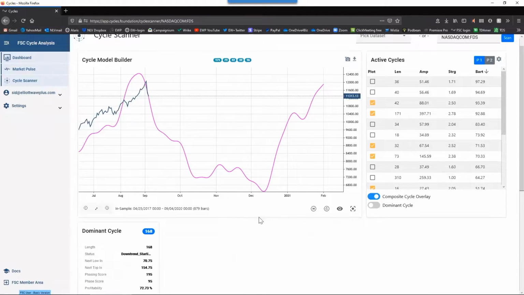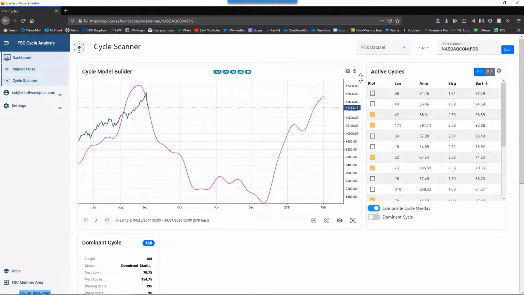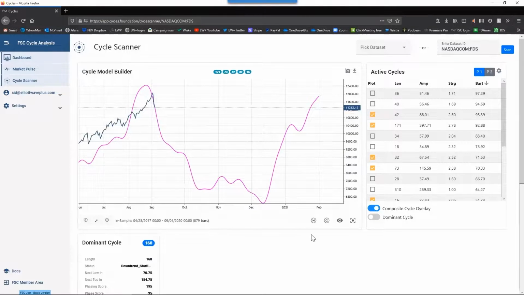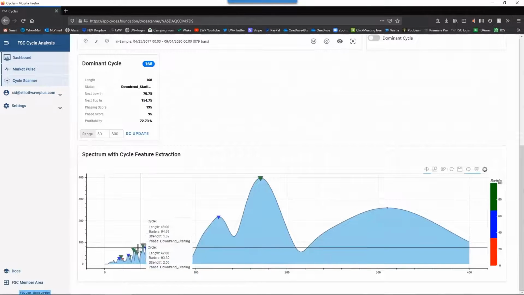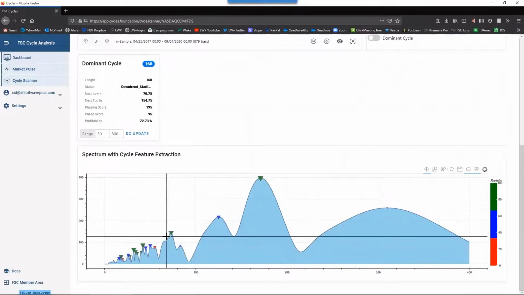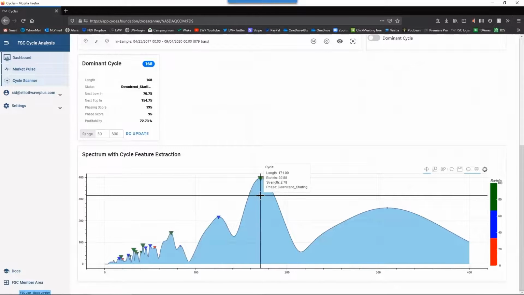And this is analysis of the Nasdaq composite. Based on cycles analysis, this pink line is called the composite line, and this particular program is different from Hurst. It pinpoints what cycles are the strongest in the market that seem to be recurring over and over with relative accuracy.